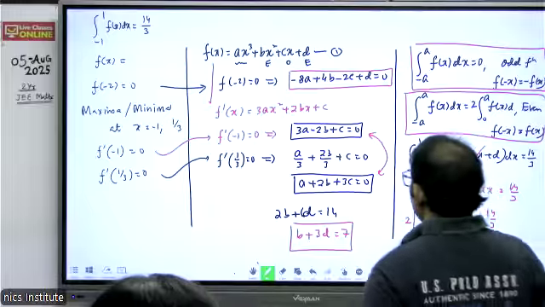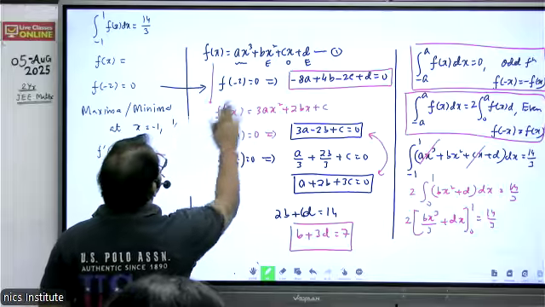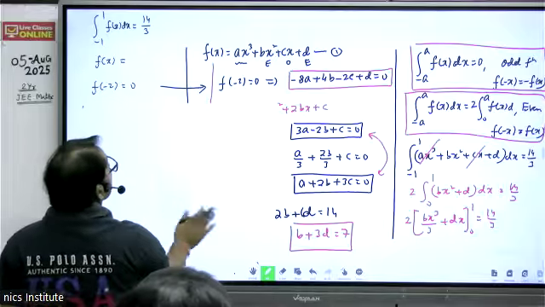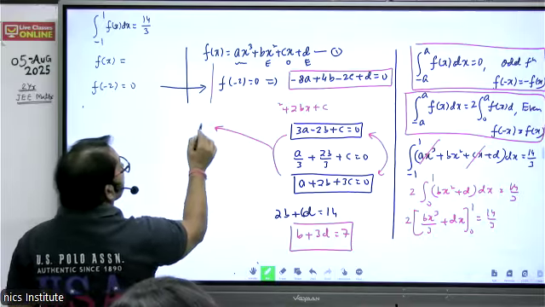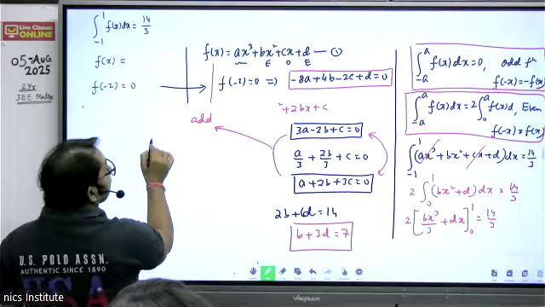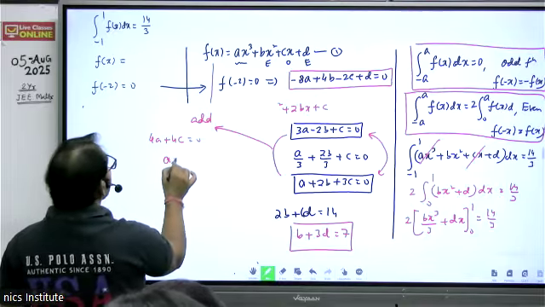So if you add these two, it will give you 4a plus 4c equals 0. That is a equal to minus c.